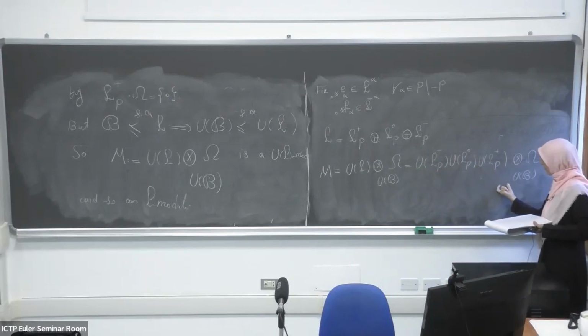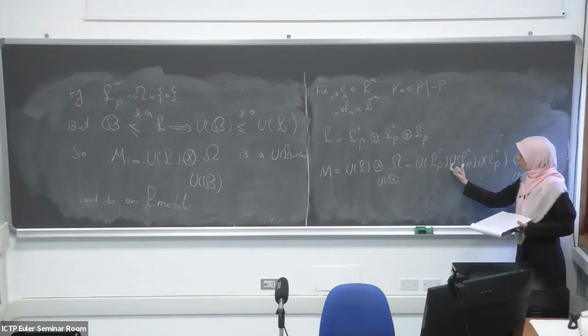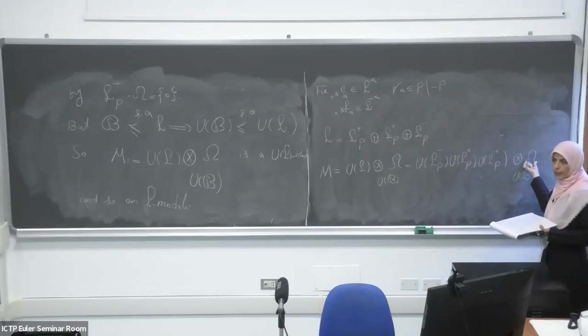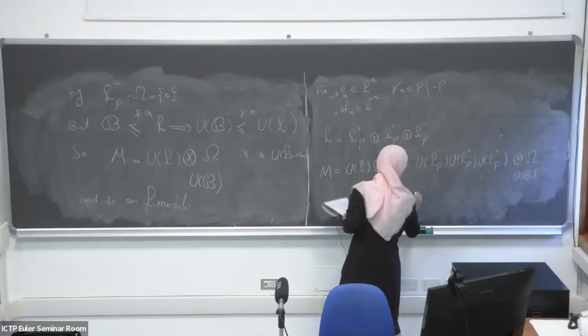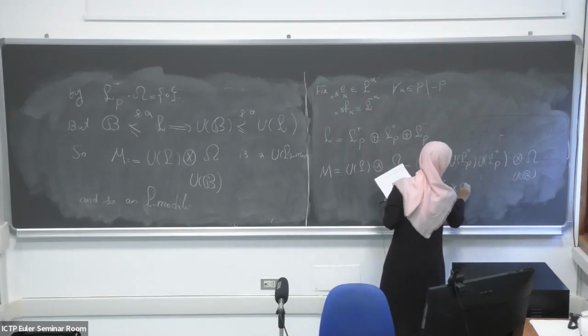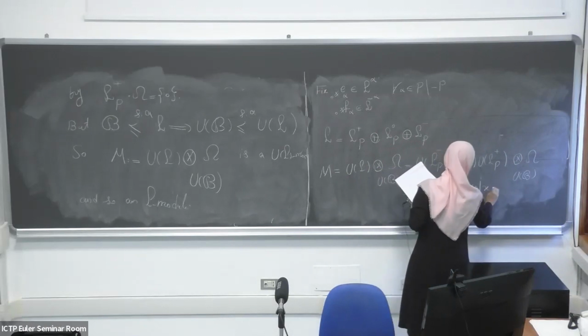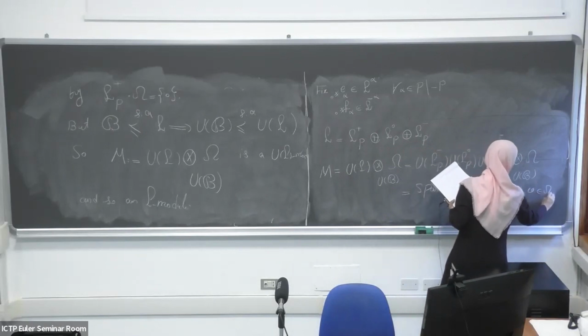This part can be passed to this part, because the tensor product is over UP, but the module action is 0, so we can omit this part. For this part, we just go back to Ω, because Ω is a module for this part, so it is just this one. It's the span of X tensor B, where X is an element of UL minus P, and B is an element of Ω.